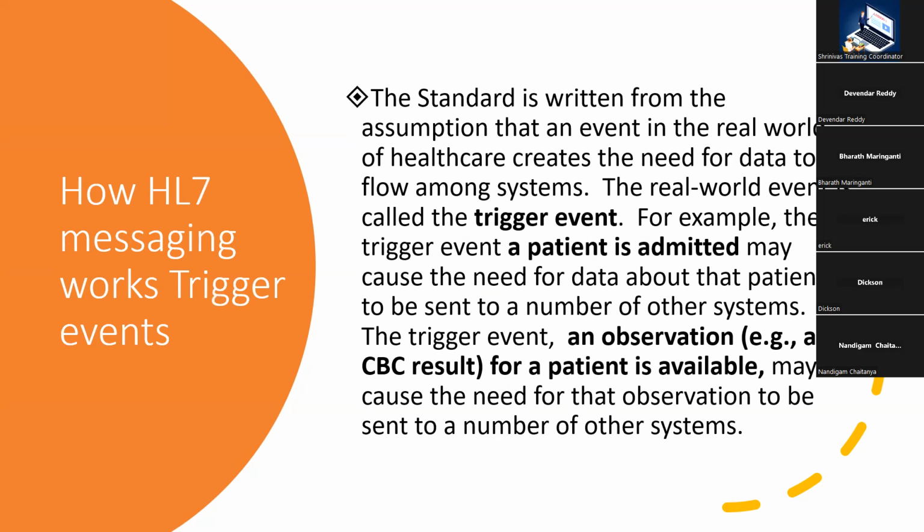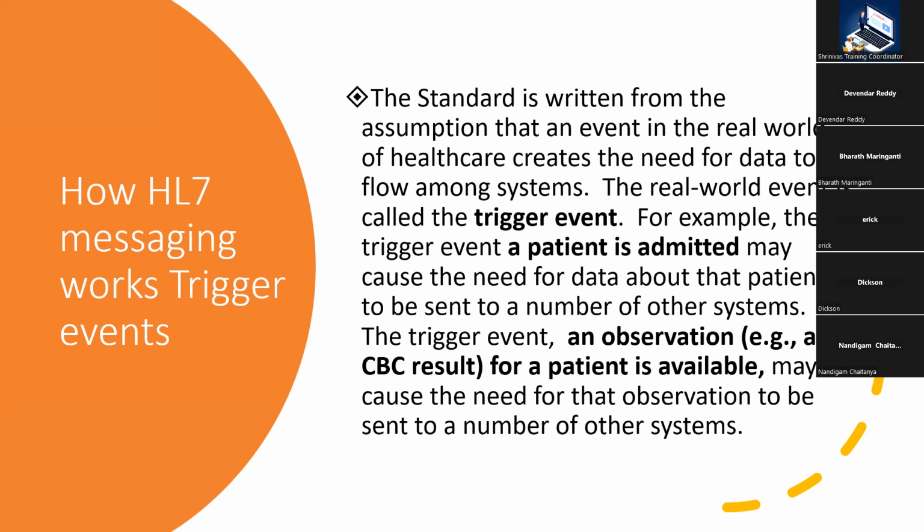Whenever a patient is registered, the receptionist will go ahead and save the data in the application, right? So once the data is saved, that concludes an event. And as soon as that event is concluded, any information related to that event should be sent from the source system to the destination system.